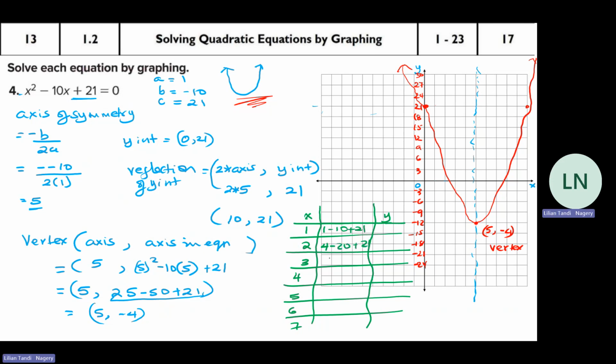This should be 9 minus 30 plus 21. This should be 16 minus 40 plus 21. I notice there's a pattern. So 25 minus 50 plus 21. 36 minus 60 plus 21. 49 minus 70 plus 21.